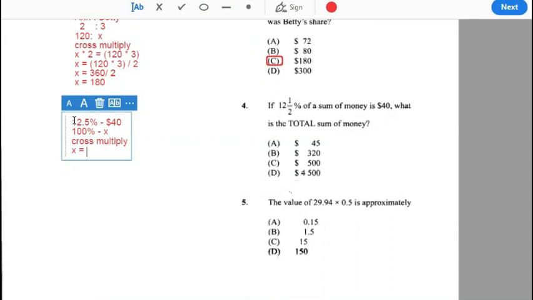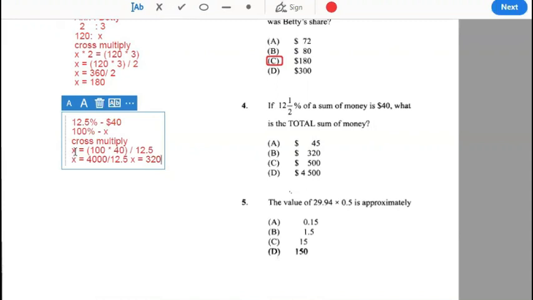So x is equal to 100 multiplied by 40 divided by 12.5. x is equal to 4,000 divided by 12.5. x is equal to 320.